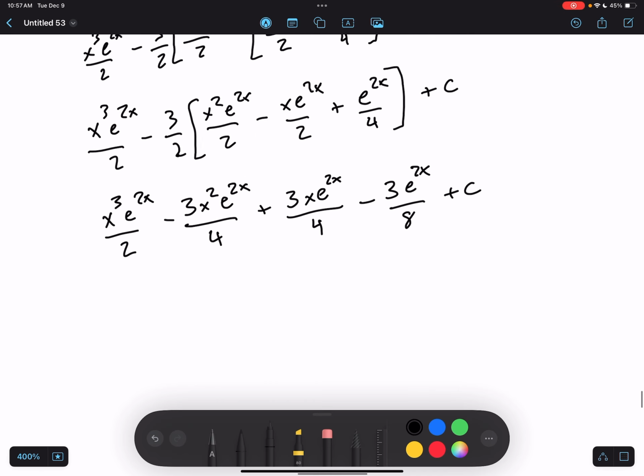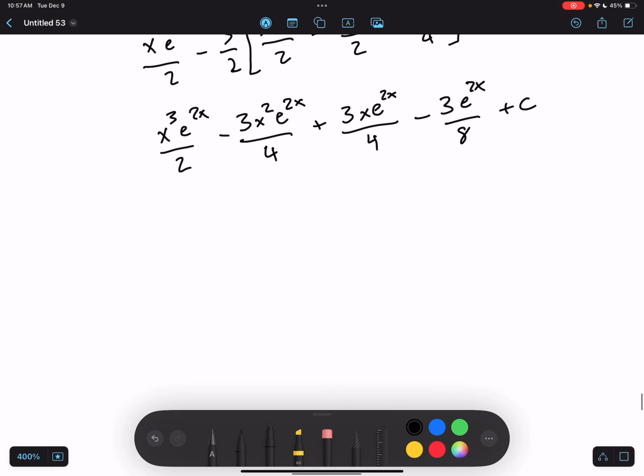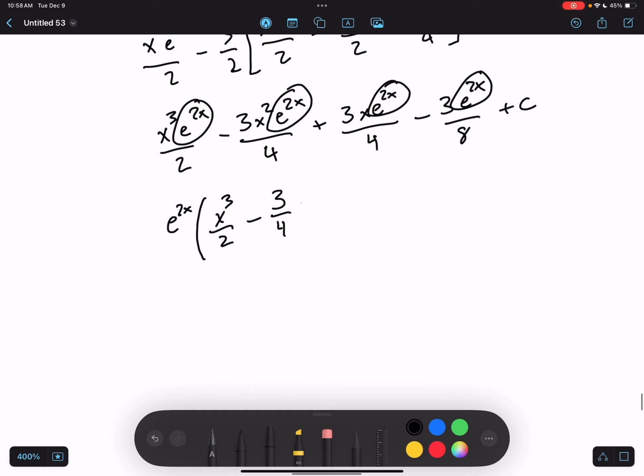And another way that you may see this written is if you just pull this e to the 2x out front, you can say e to the 2x times x cubed over 2 minus 3/4 x squared plus 3/4 x minus 3/8. All of that plus c. That's another way that you may see this written.